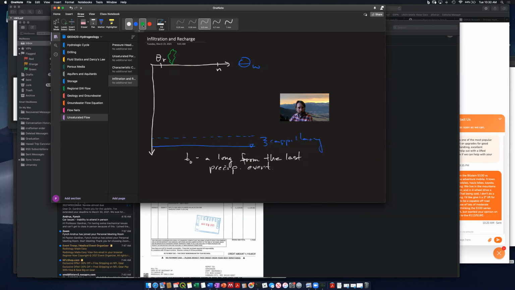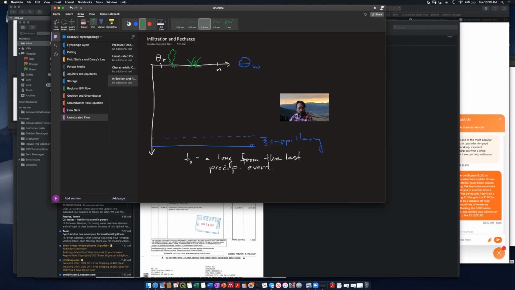And because we got plants and trees up here in the surface, with roots that are sucking the water out, we're going to be drier at the surface, and we're going to get wetter as we go towards the water table.